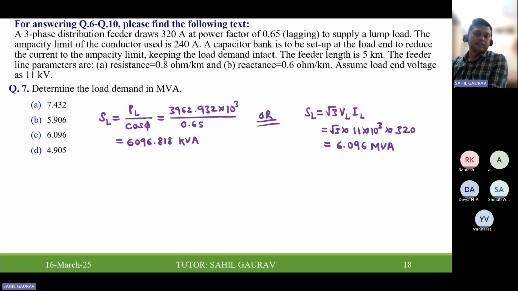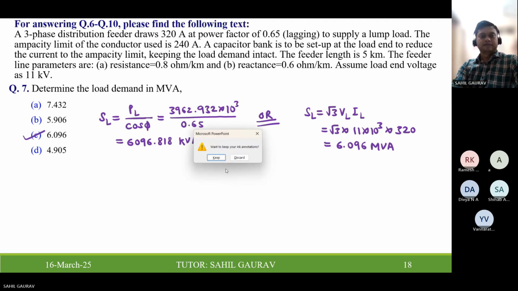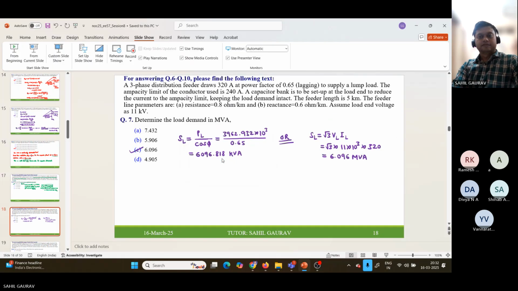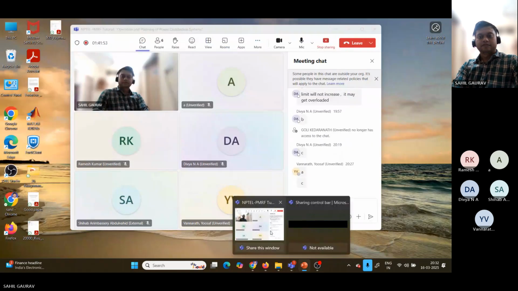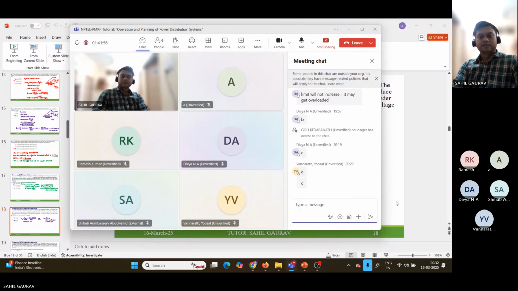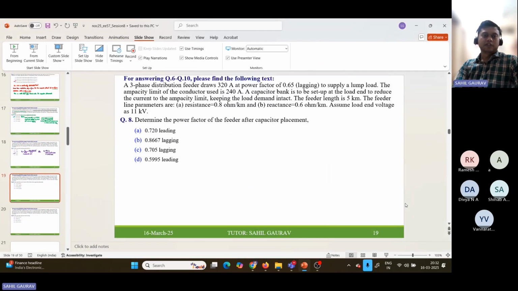So C is correct. Yes, so your answer is correct. Now let us see the next problem.